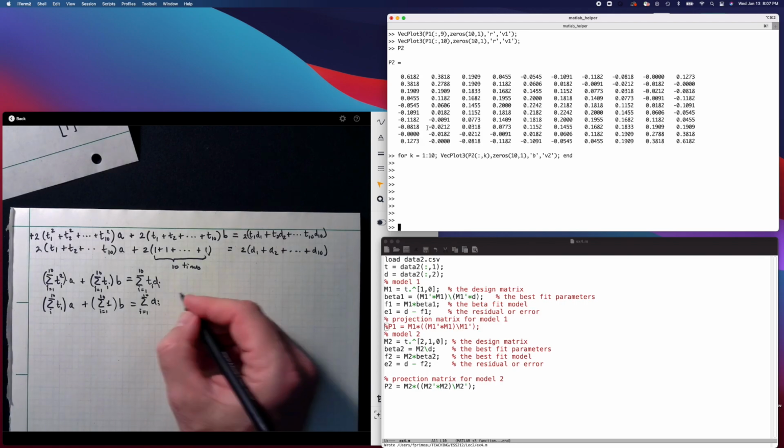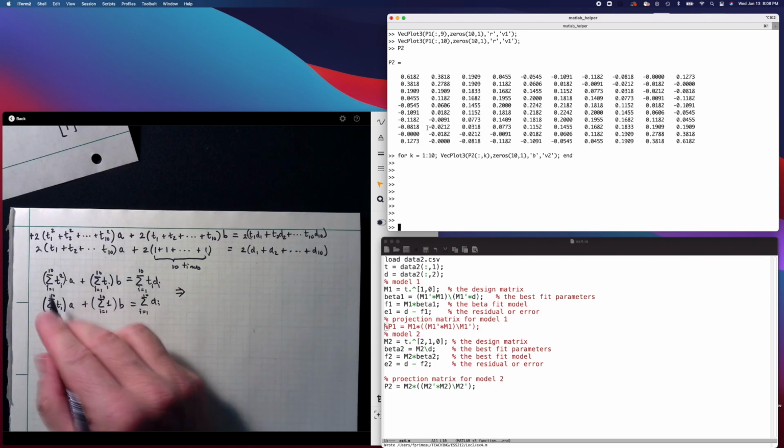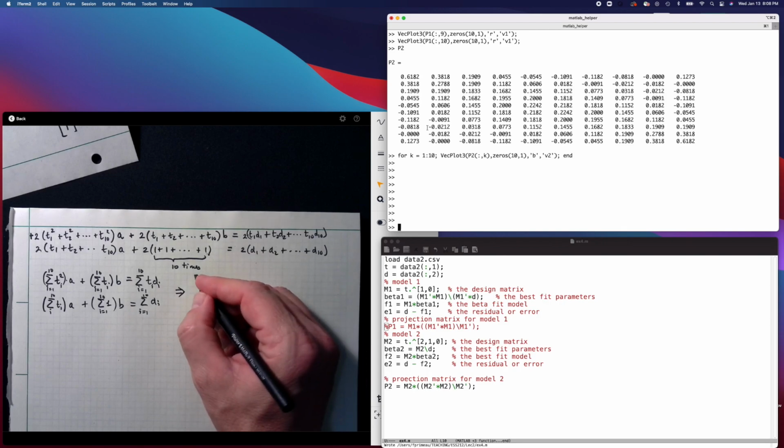And we can rewrite it in matrix form to compare with the other formula that we had before.